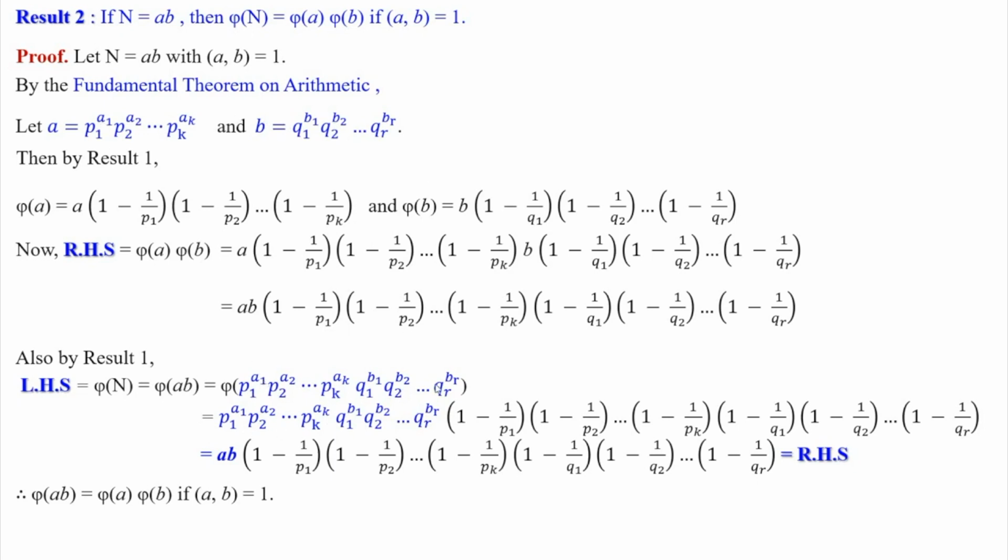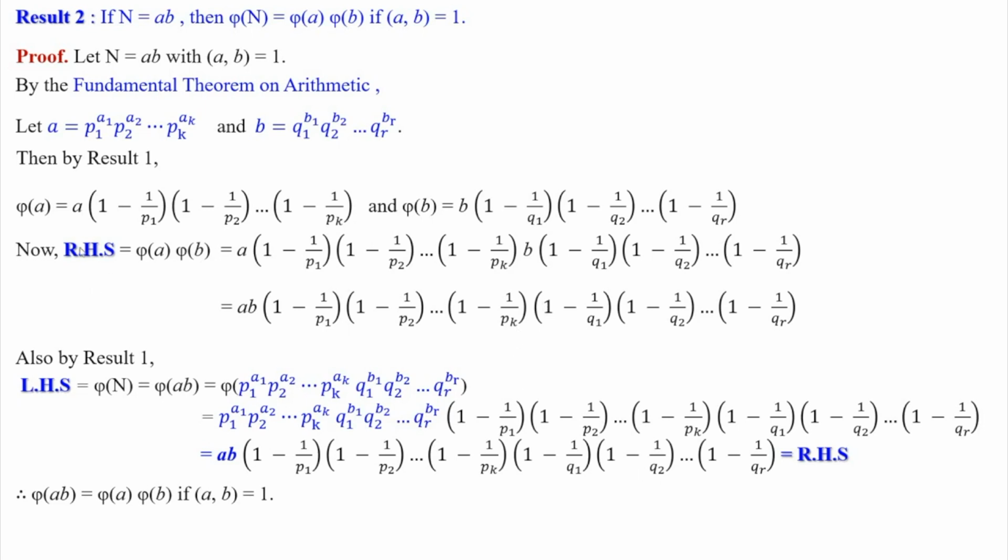So we have this, and according to the formula, whatever you had here, you have that to be written, and then into whatever prime numbers we have, that has to be written as the product in this way: 1 minus 1 upon p1, 1 minus 1 upon p2 and so on, 1 minus 1 upon pk, into you have this. For these terms we need to write, so this is what we have. And this is nothing but a, this is nothing but b, so ab into this we have.